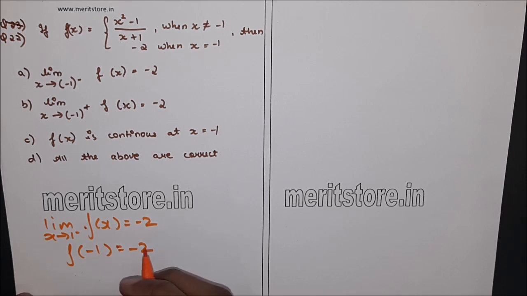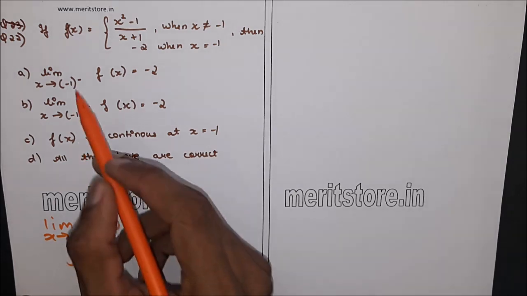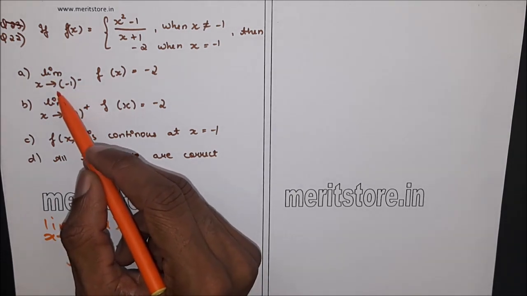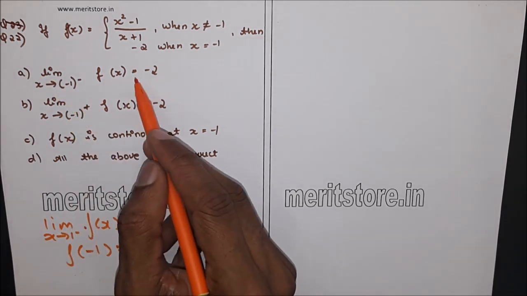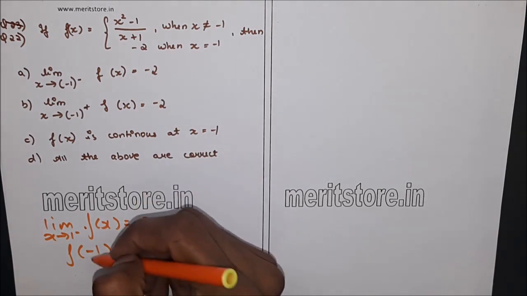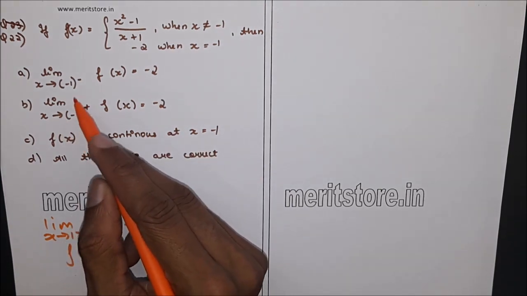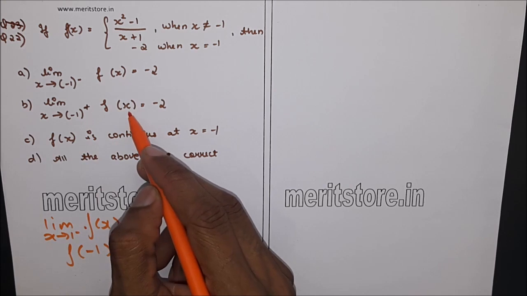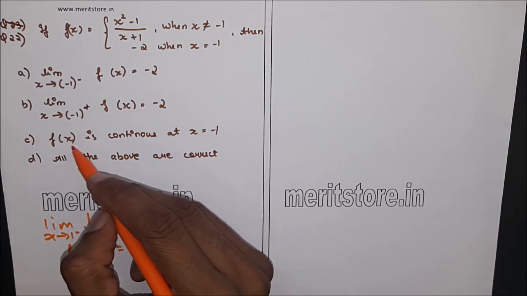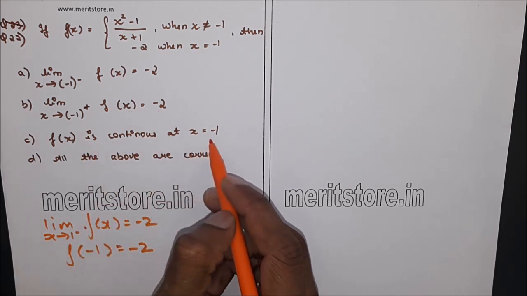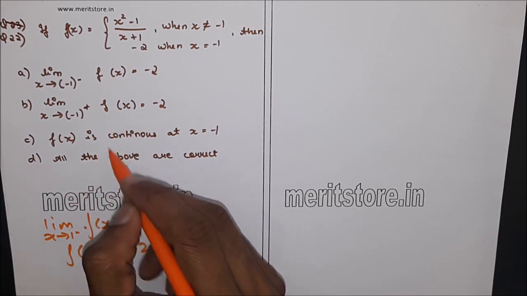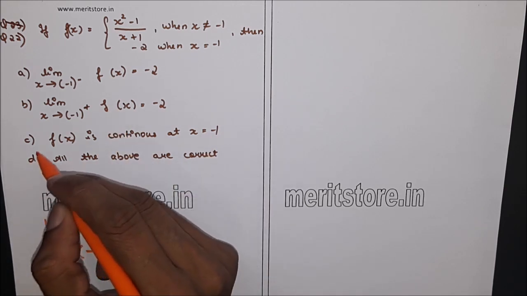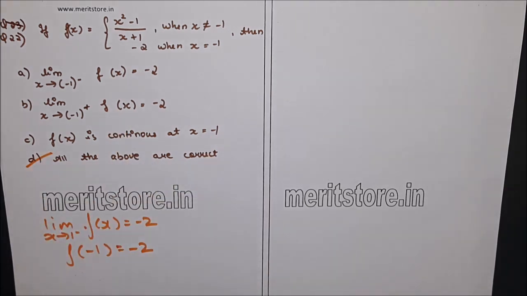Therefore, we see that limit x approaches minus 1, we get f of x is equal to minus 2. For limit x approaches minus 1 from the right hand side, we get f of x is equal to minus 2, and f of x is continuous at x is equal to minus 1. Therefore, we see all of the above are correct. Therefore, option D is the correct answer.